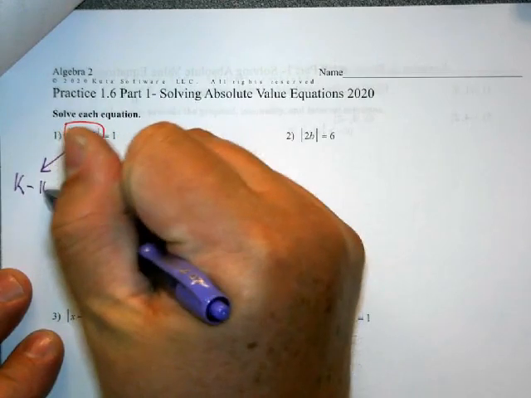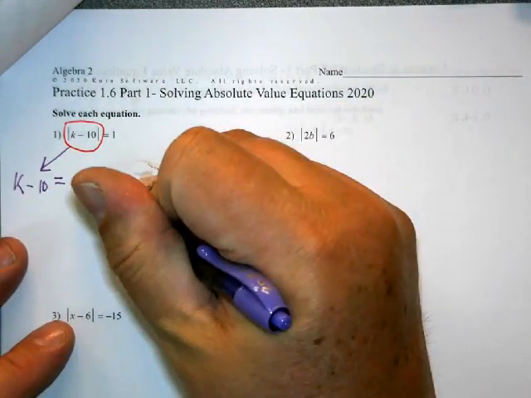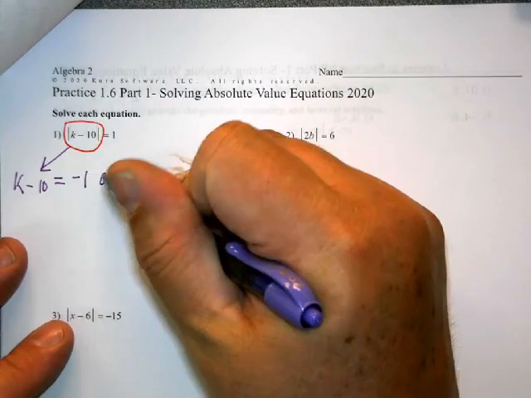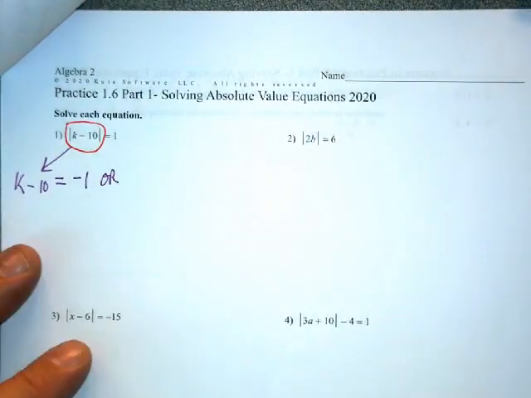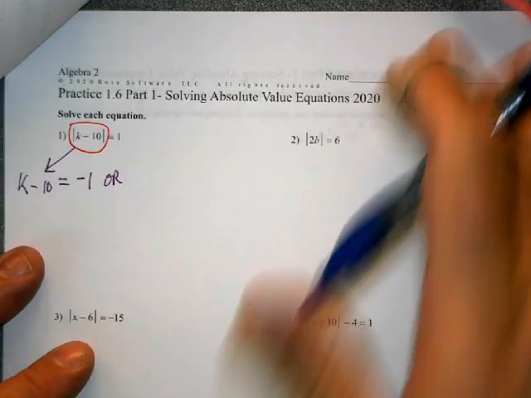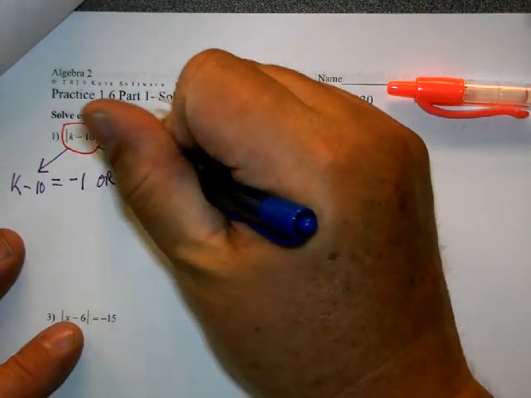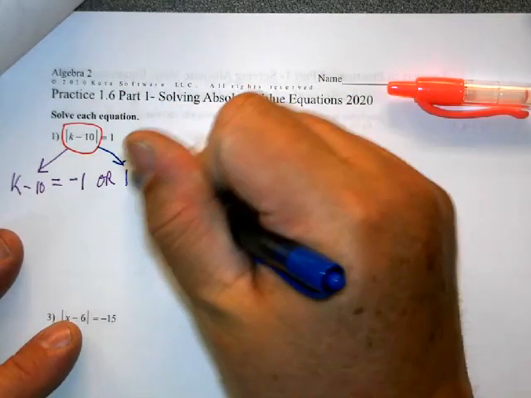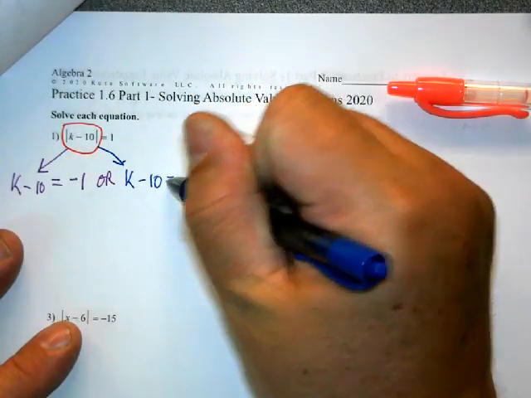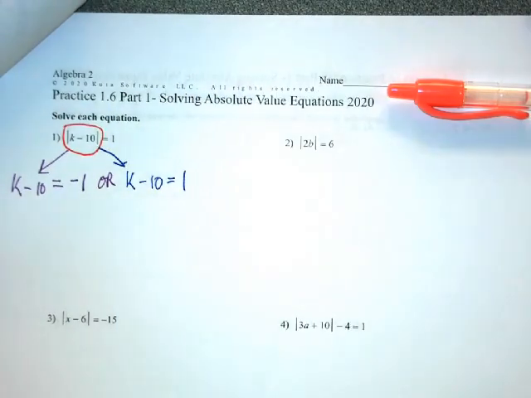See, k minus 10 equals, I like to put the negative number first, -1, or k minus 10 equals +1. Add 10 to both sides.